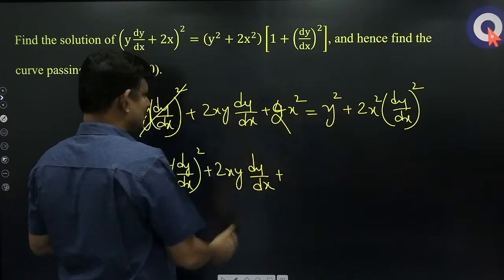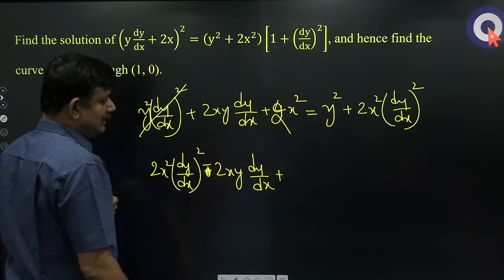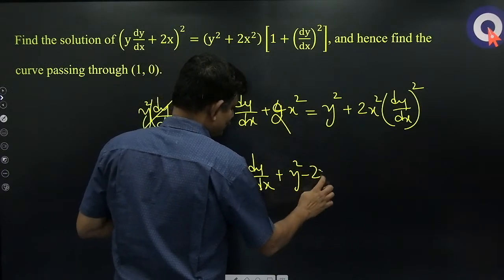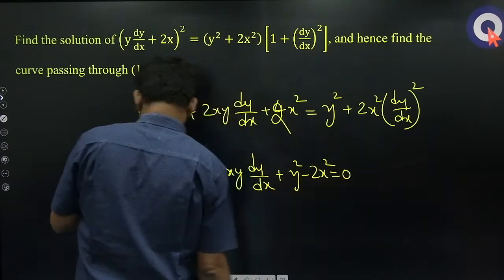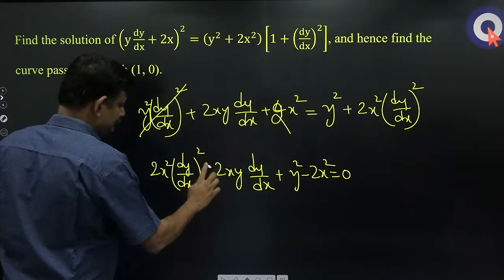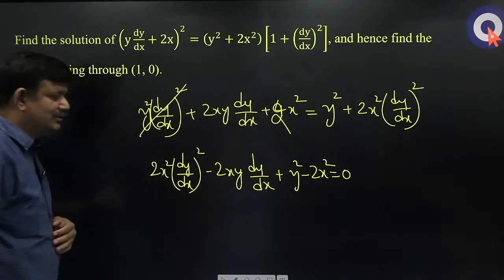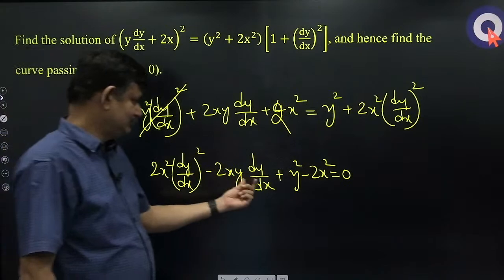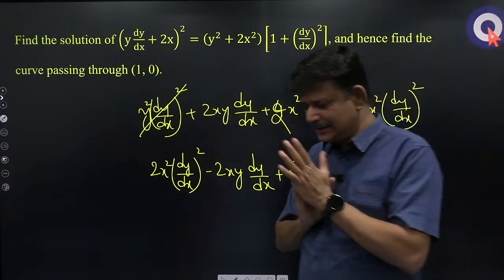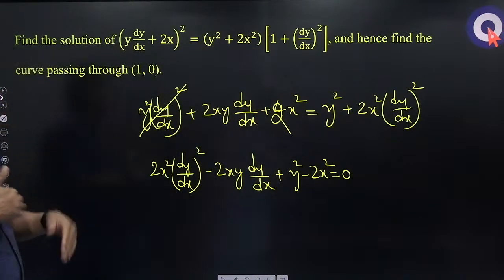I took this to the other side, so this will be minus 2xy dy by dx plus y square minus 2x square is equal to 0. Now this is like a quadratic equation in terms of dy by dx. Yes or no? So a second order, second degree equation we cannot solve unless you convert it into a first degree equation.